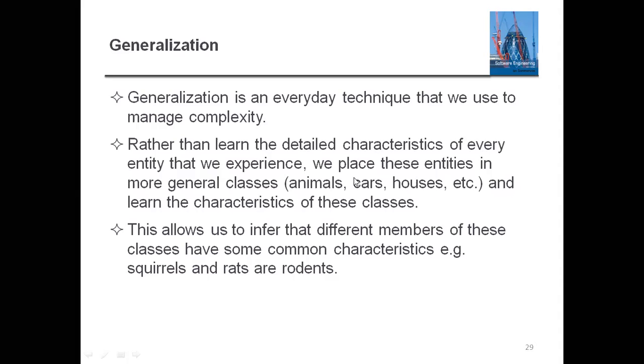Here you can see the characteristics of classes. Suppose animals, cars, houses, all these things are your classes. So what is the meaning of generalization? Generalization handles the complexity, in the sense that it will have the characteristics of each of the classes: the characteristics of animals, of a car, of a house. These are your class names, and the generalization concept will bear the characteristics of all the classes.